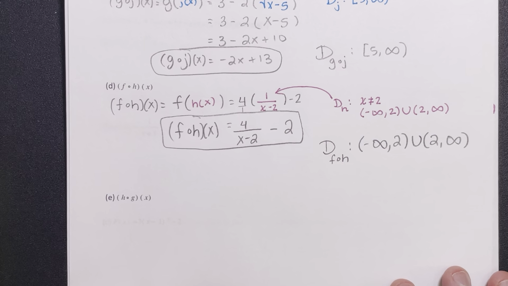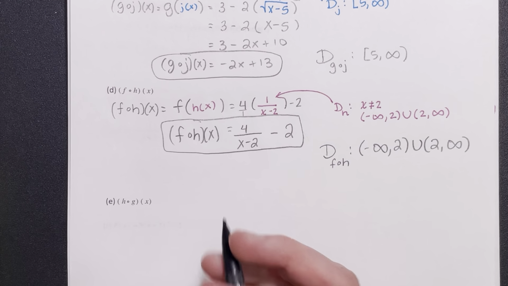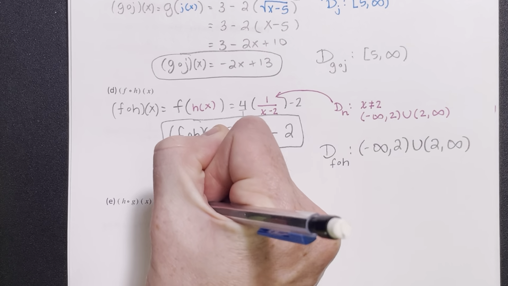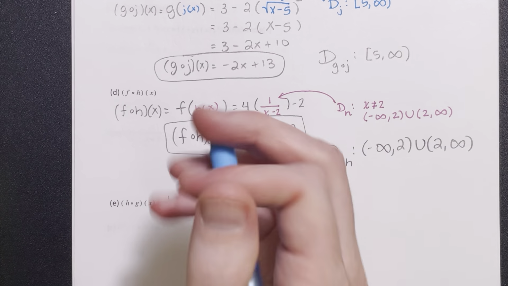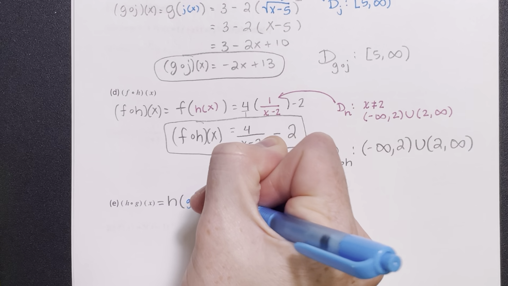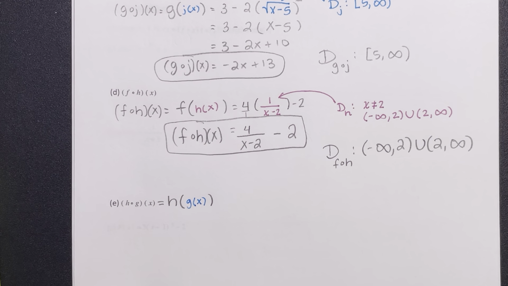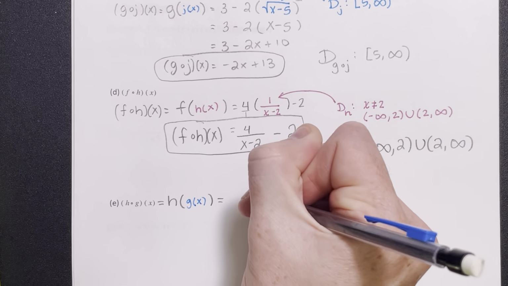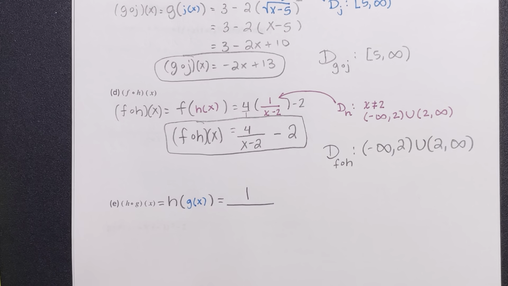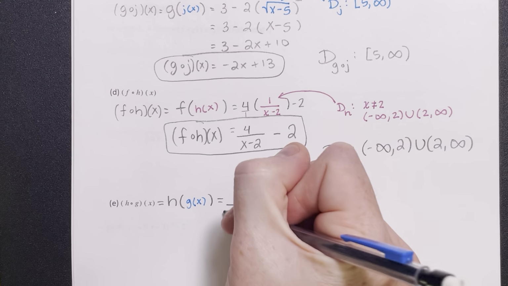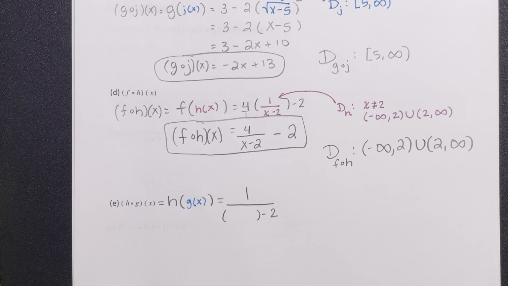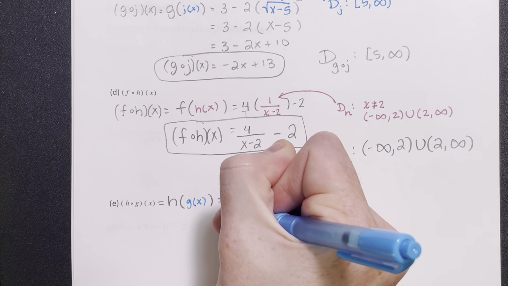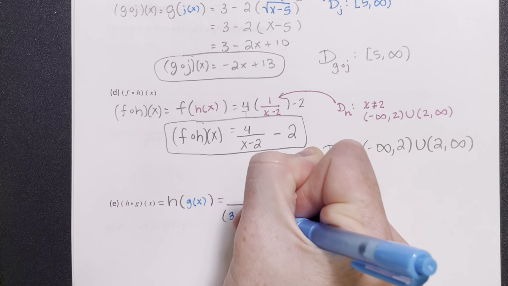The last one of these, we're doing h of g. So our h function is putting g inside of it. Our h is 1 over x minus 2, but the x has been replaced, so it's now 3 minus 2x squared.